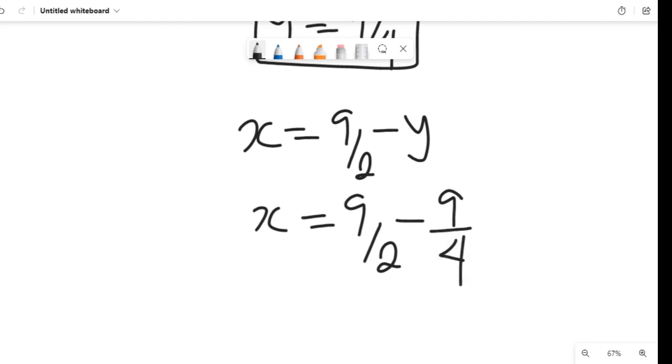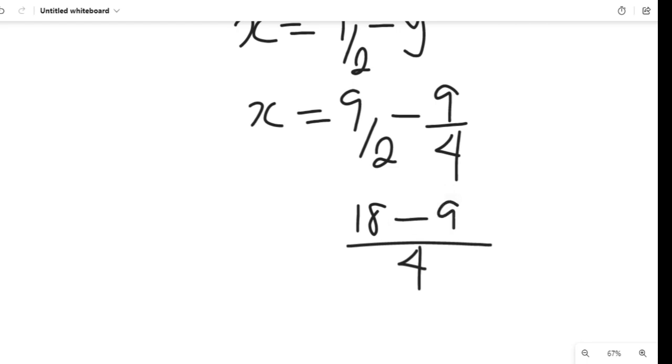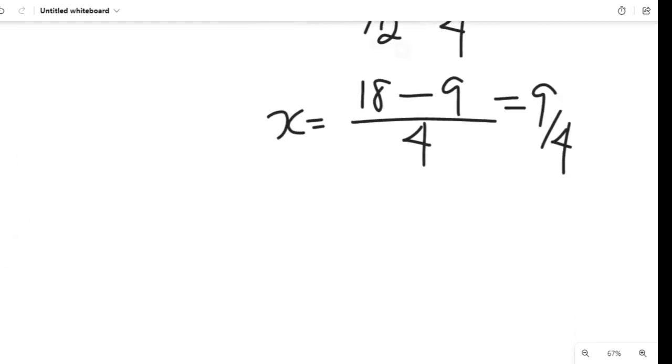So all we need to do is to simplify this. The denominator will be 4, and the numerator will give us 18 minus 9, which is equal to 9 divided by 4. So our x will also be equal to 9 divided by 4.